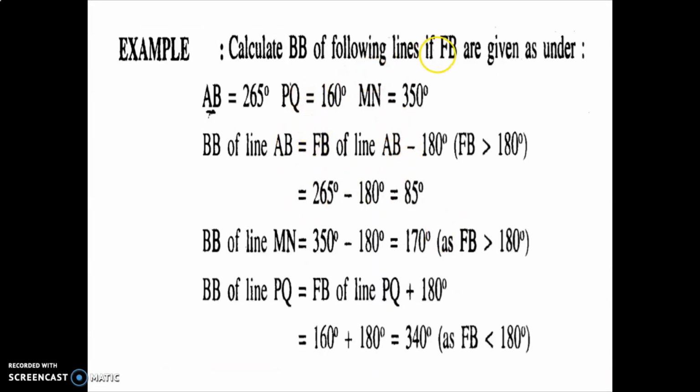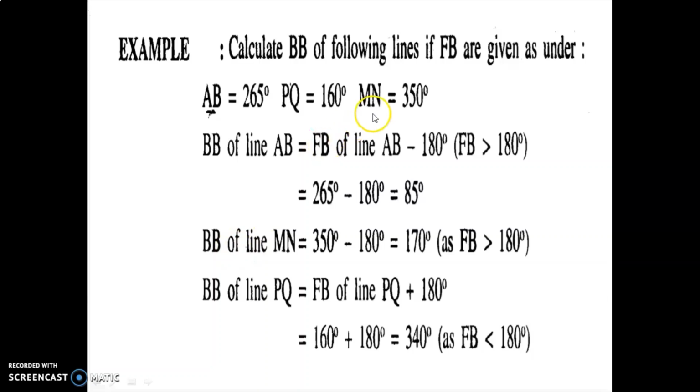But you can see here the forebearing value is greater than 180 degrees. What is the value? 265. So you have to use the minus sign. So forebearing is 265 minus 180 is equal to 85. You just use your calculator and you will find your answer. It will come to 85 degrees.